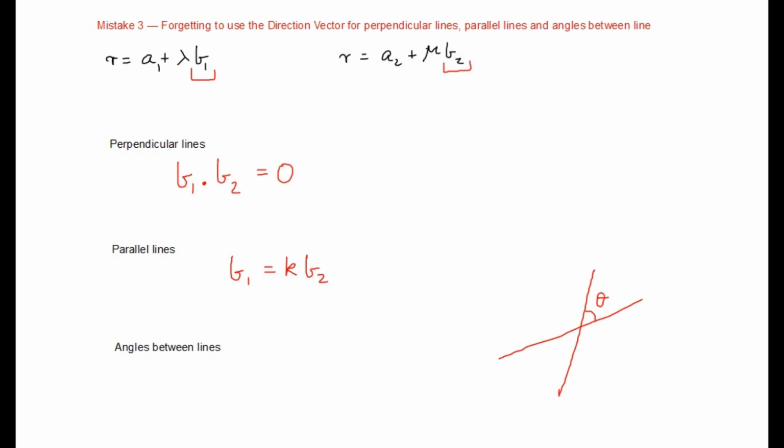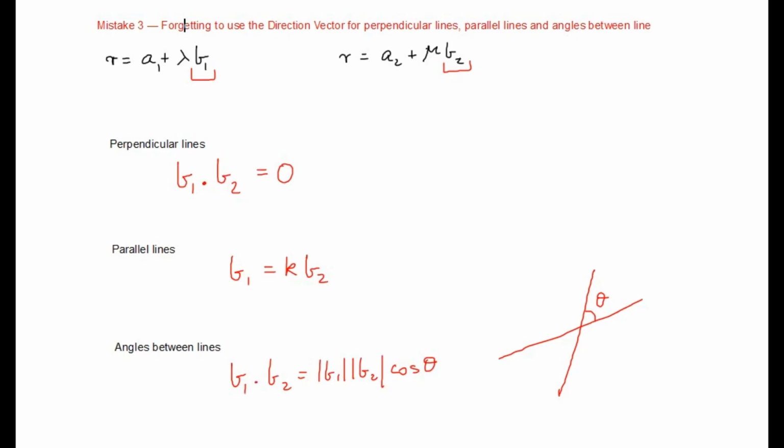So b1 dot b2 is equal to modulus b1 modulus b2 cos theta, and then you solve for theta. So just remember, that's what the direction vector portion is used for when we solve vector questions. Anything that involves direction or angles, we don't use the entire vector equation of the line, just use the direction vector portion, which in this case is b1 and b2.